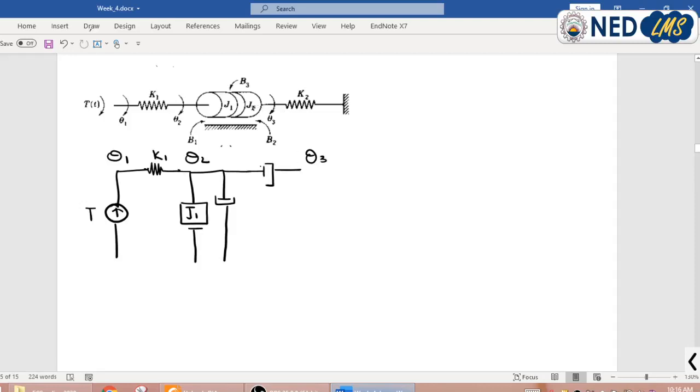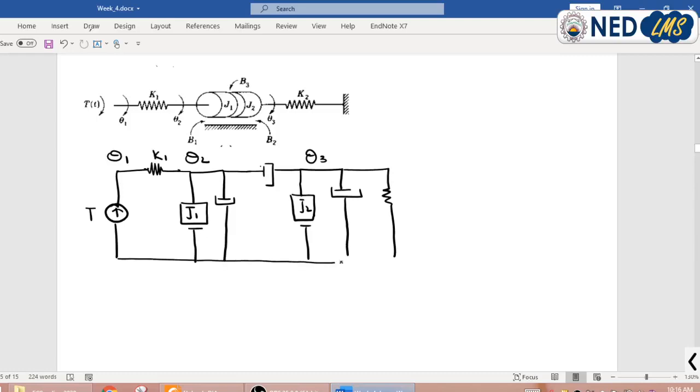At theta 3 we have J2, K2 and this B2. This is my second moment of inertia, J2. Similarly we have here a damper B2 and a spring K2.